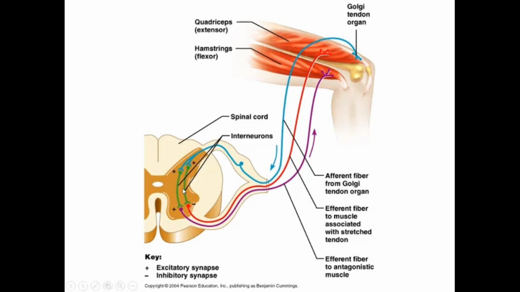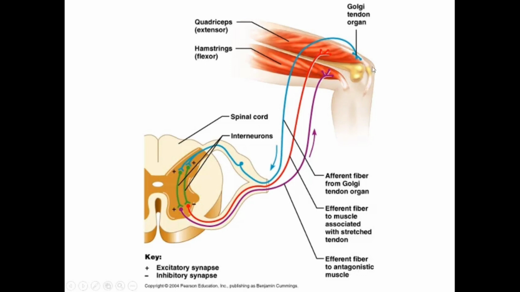Like the muscle spindle, you can see again we have a stimulation of two motor neurons. One of them goes to the contracted muscle, which causes stretching of the tendon, and another to the opposite muscle. But here it's vice versa. You can see this stretching causes relaxing of the contracted muscle and causes contraction of the opposite muscle.